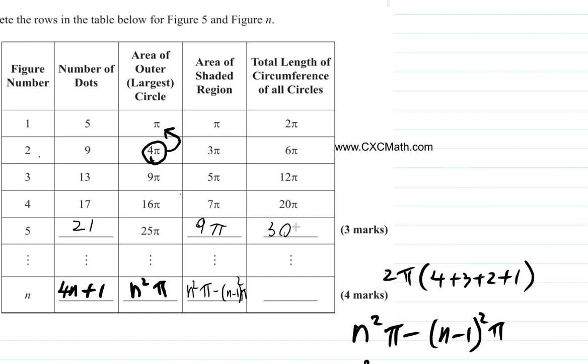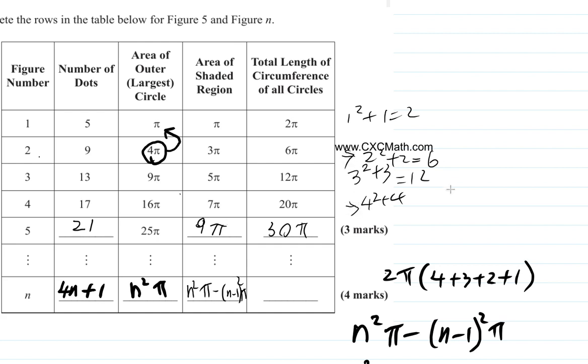It was 30 pi. And I was saying, this was 1 squared plus 1, which is 2. And you have pi beside it. This was, for figure 2, 2 squared plus 2, which would turn out to be 6. And you have 6 pi. You put the pi there. Alright. 12 pi. You got it from figure 3. 3 squared plus 3. 9 and 3, 12. 20 pi. It was 4 squared plus 4.